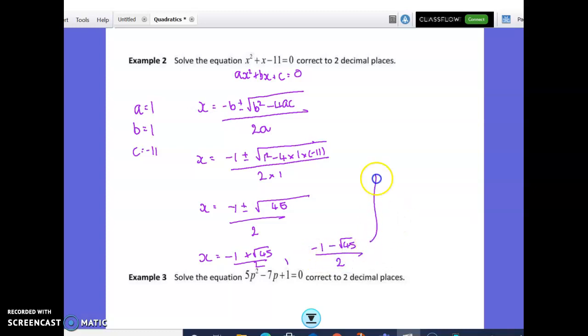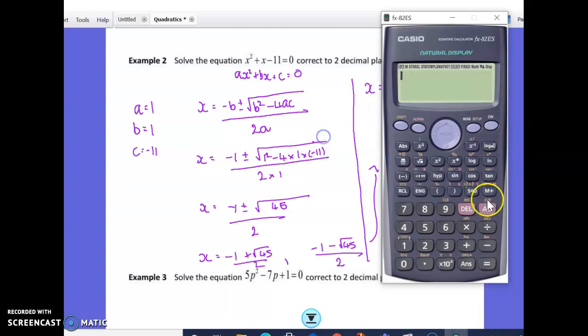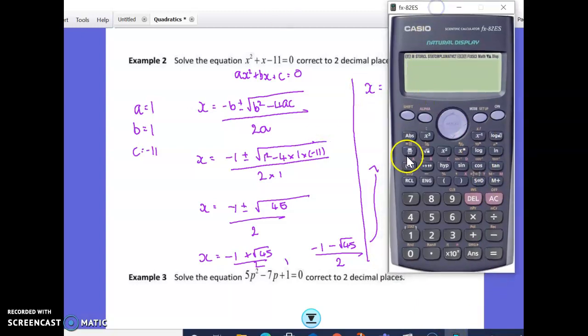I've not left myself much room here. I'll go up here. x equals fraction button minus 1 plus root 45 over 2.